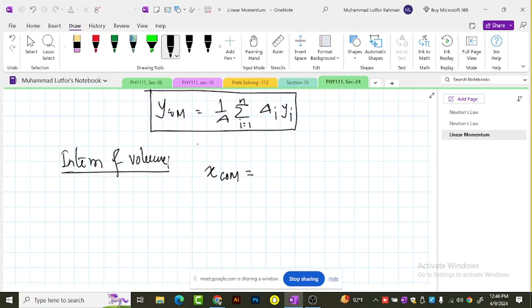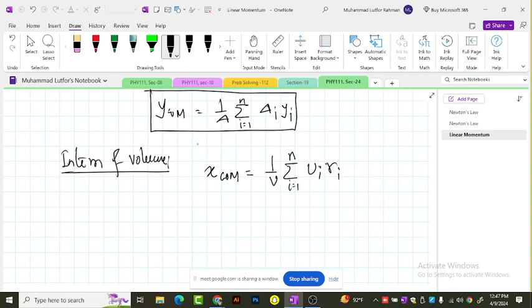Xcom should be 1 over V, summation i from 1 to n, Vi into Ri.